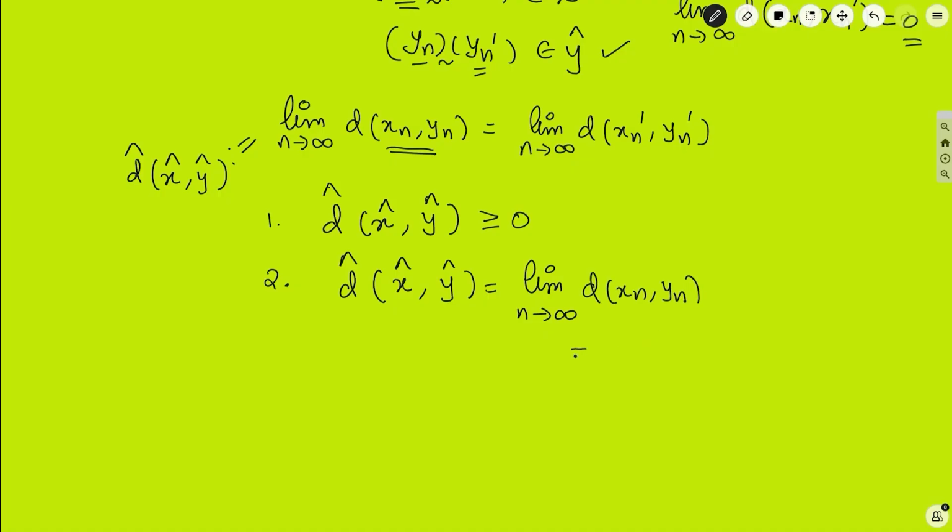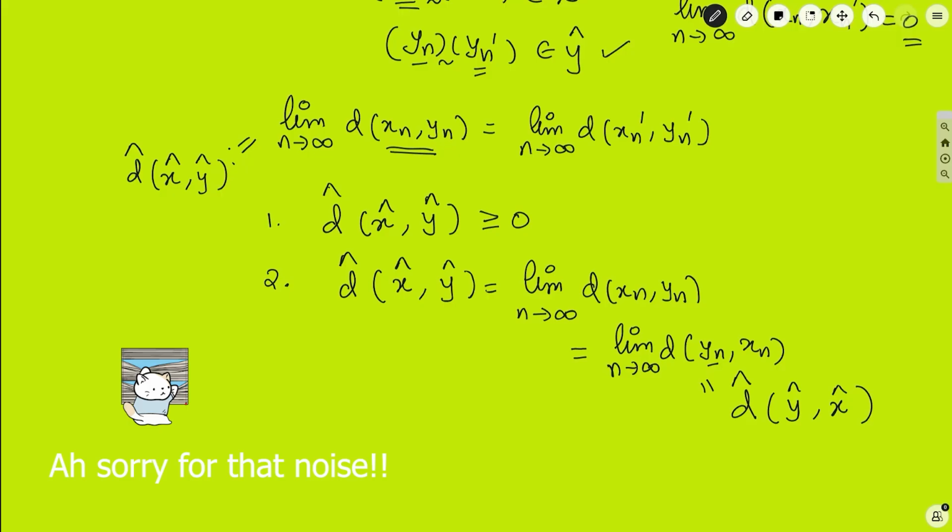But I can also flip this and calculate the limit of the distance between yn and xn, because the distance function is symmetric. By definition, this is the distance between y hat and x hat, since I take the nth term of y and then x. So it's the same thing.